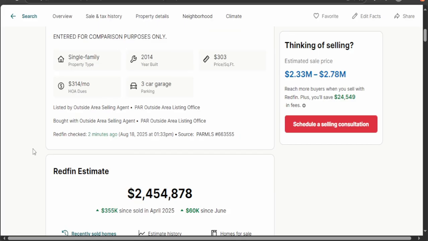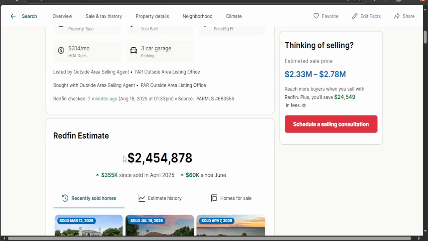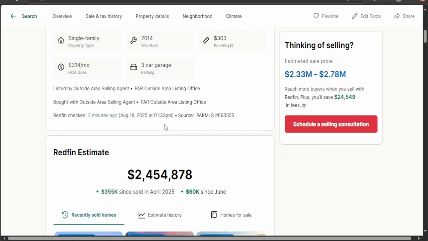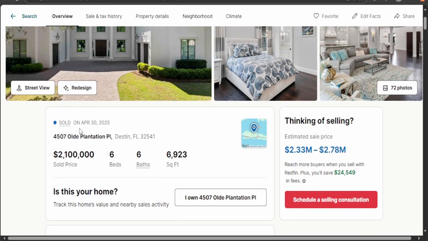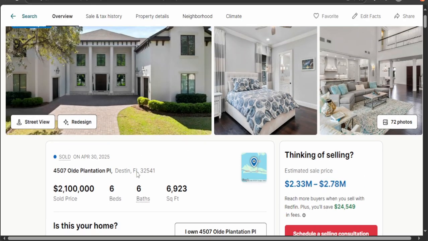So we just have to think of this Redfin estimate as probably the model still has it in a seller market, while this 2.1 is reflective of the buyer's market that this area is in and that the country is in right now.